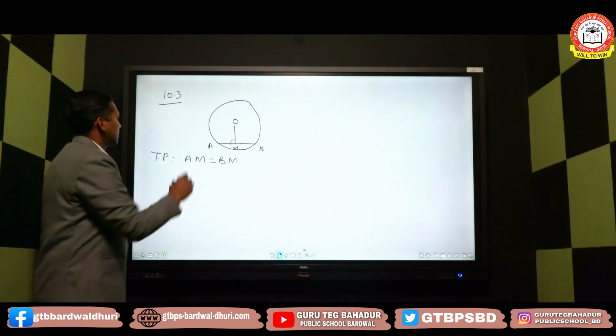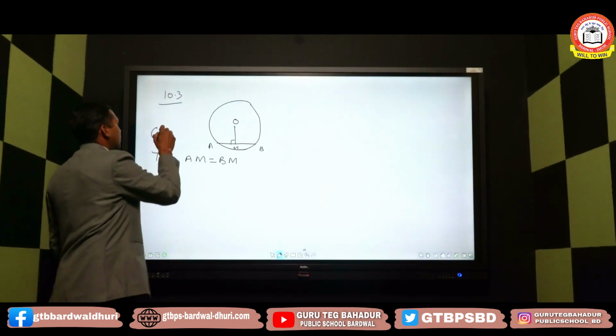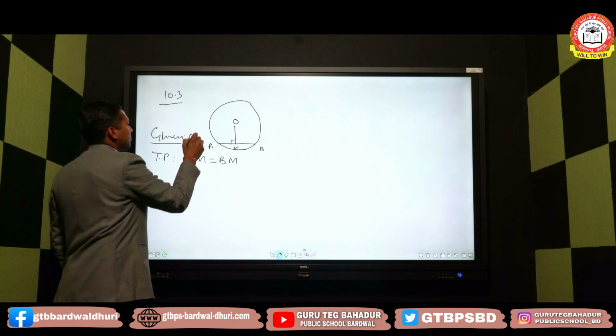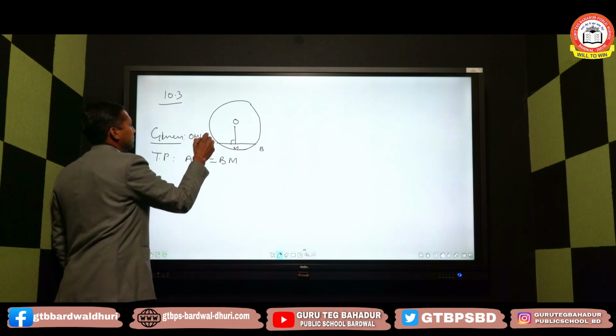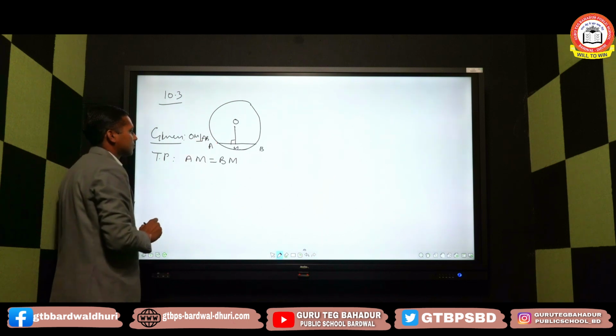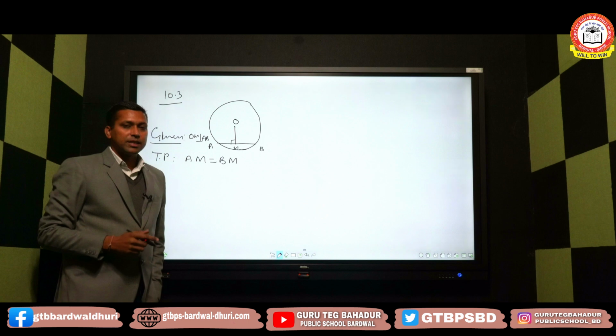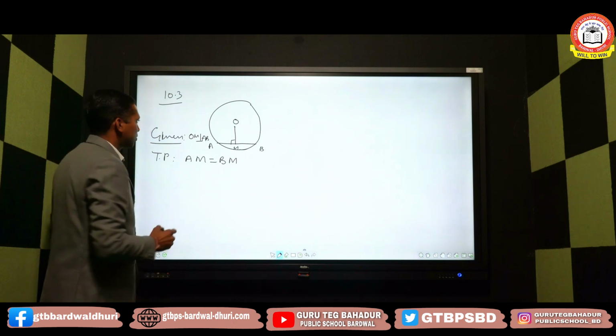Now again, how can we prove it? What we have is OM perpendicular to AB, given. With whatever we have, we can't prove it. Some construction is required. What is that construction?